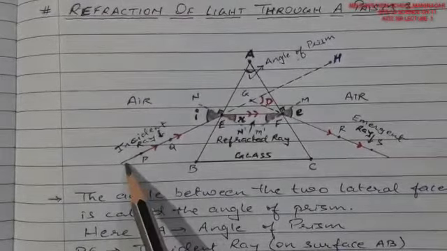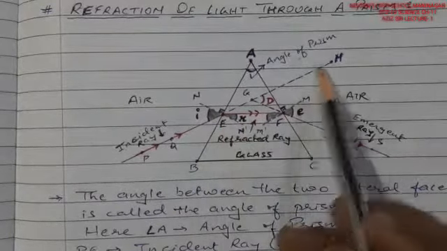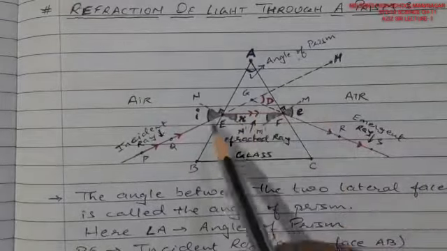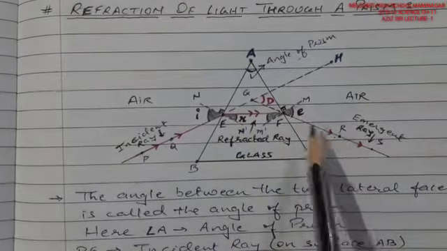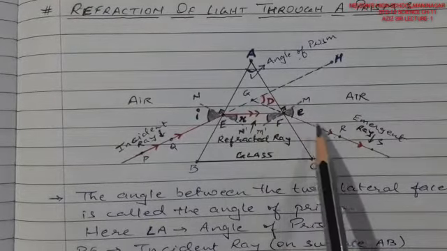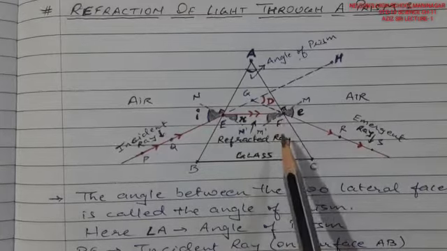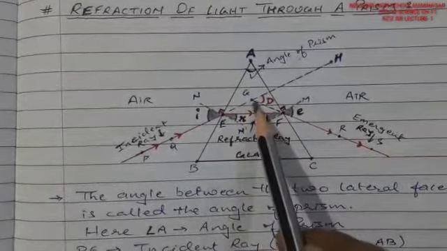Now actually the incident ray has to pass this way, towards the edge, passing from G towards the edge. It should actually have passed this way, but you see the ray is coming out in this direction. That is the emergent direction. So if I extend the back side of the emergent ray, you will see it meets the incident ray at a certain point.